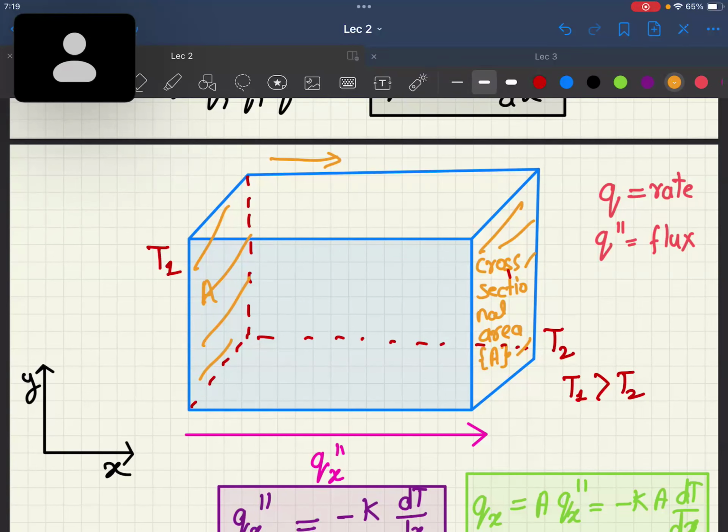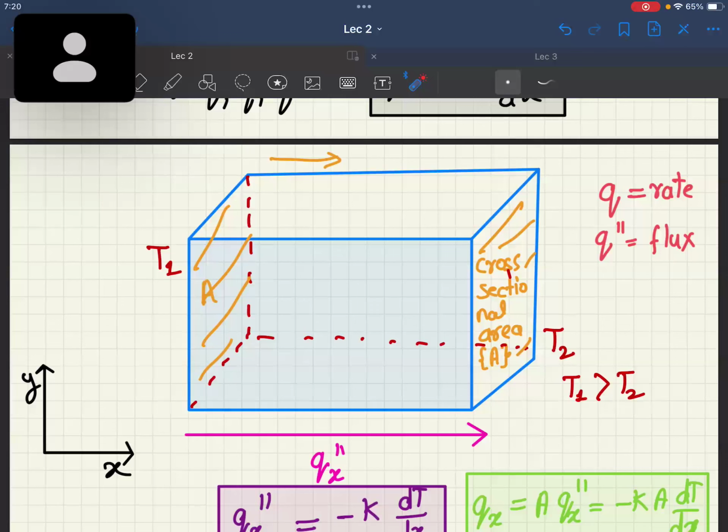Yeah, cross sectional area is A, and let us also assume that the temperature of one end of the slab is T1. So here the temperature is T1, here the temperature is T2, and T1 is greater than T2. Because of this, what is going to happen? Heat is going to get transferred in this direction. And this is temperature T2.